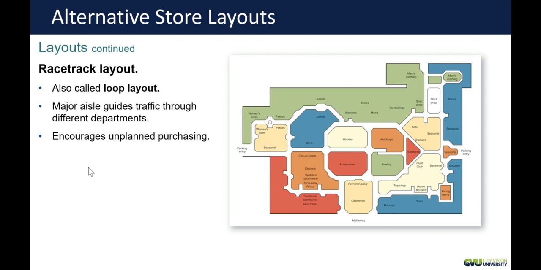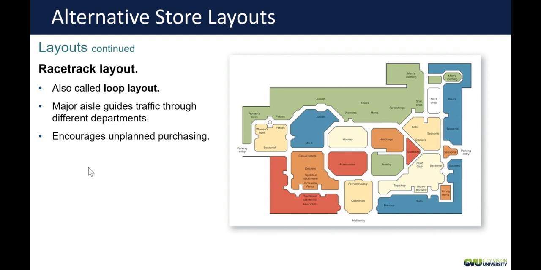You can also use what's called the racetrack layout. The racetrack layout is a loop layout where the store is broken down into departments. As you follow the racetrack around the loop, there are aisles that you can choose. So it's a combination: you have the racetrack, the main aisle that goes through the store, and then you can shoot off into more of a grid layout.